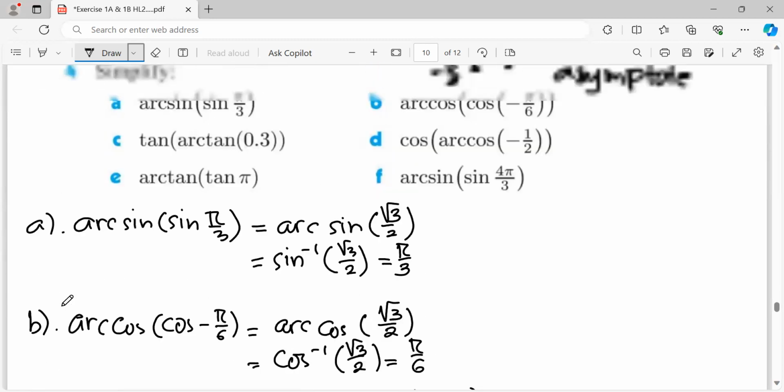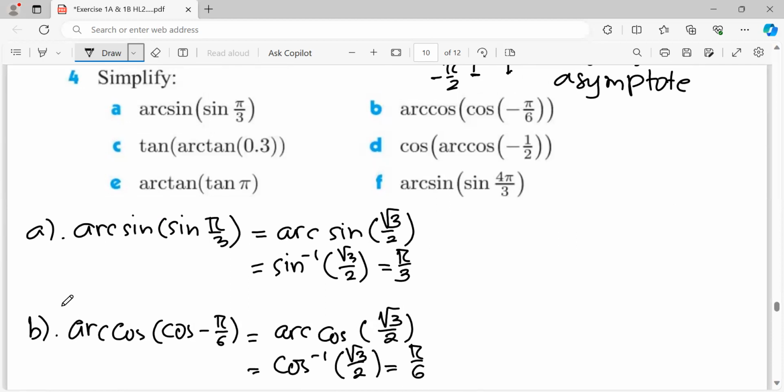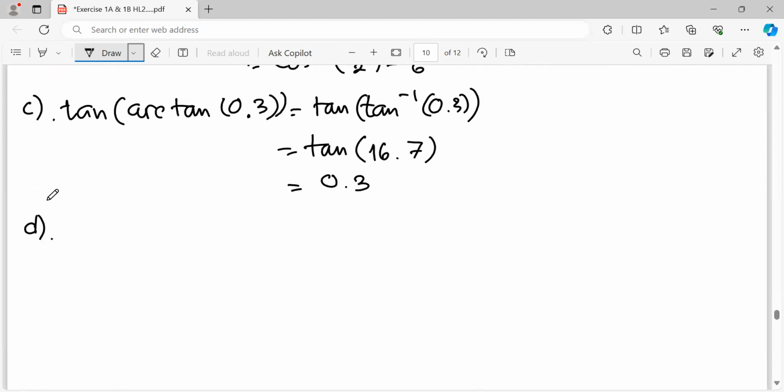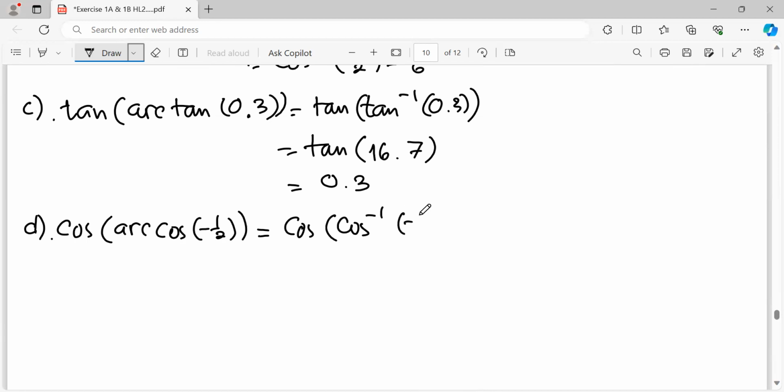D. Cosine, arc cosine of minus half. It's going to be cosine power -1 of minus half, which is cosine 120. Cosine 120 is minus half.